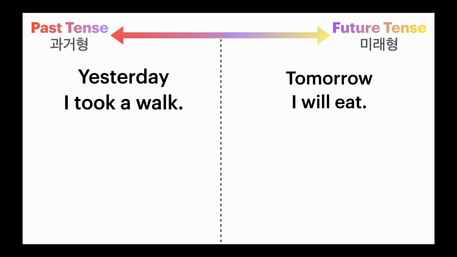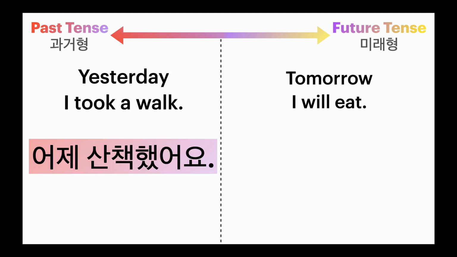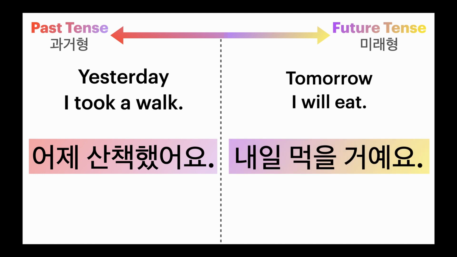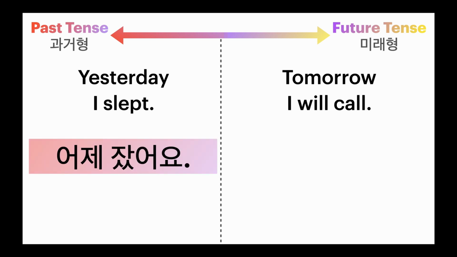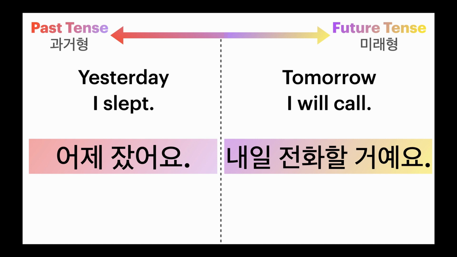Yesterday I took a walk. Tomorrow I will eat. 어제 산책했어요. 내일 먹을 거예요. Yesterday I slept. Tomorrow I will call. 어제 잤어요. 내일 전화할 거예요.